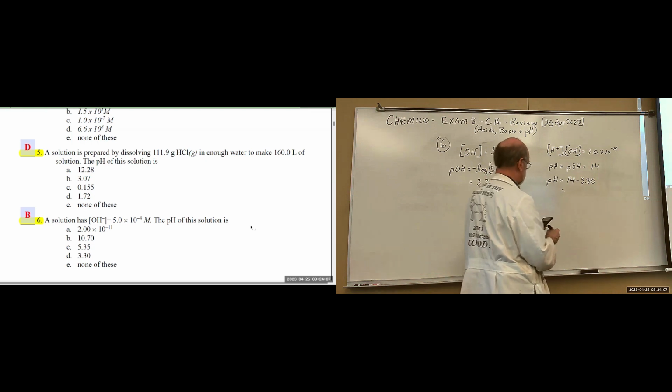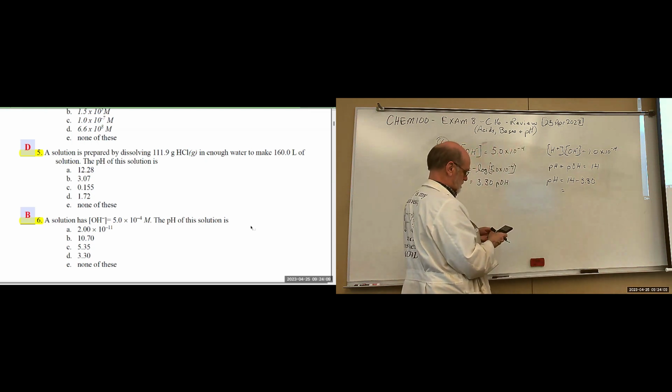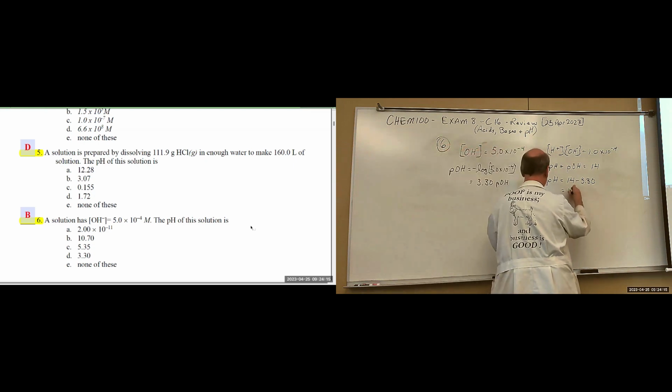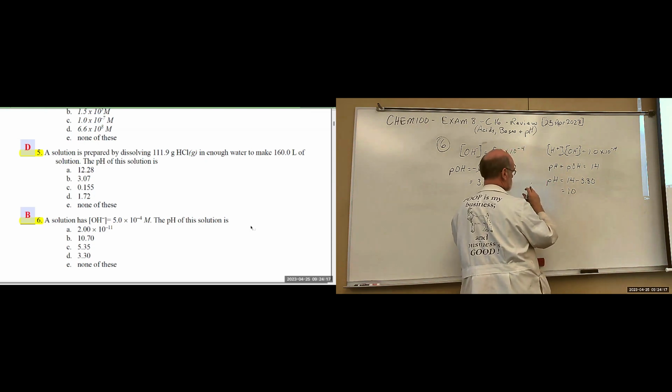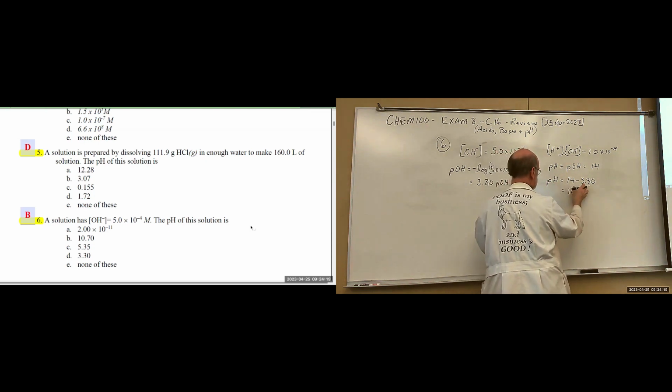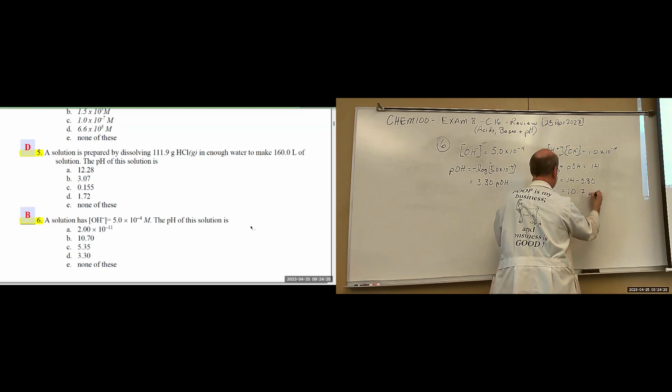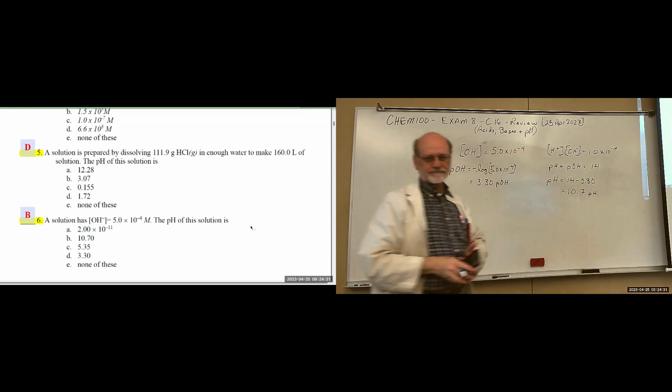All right. Oh, I did something wrong. Hold on a second. 3.3. There we go. So this is 10.7. 10.7 pH. There we go.